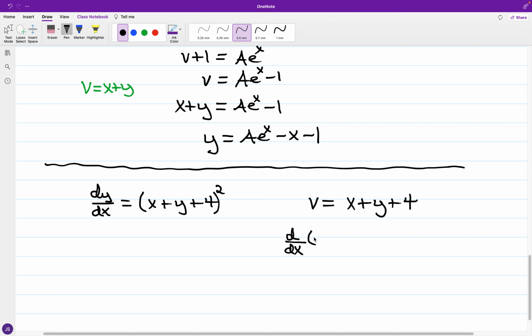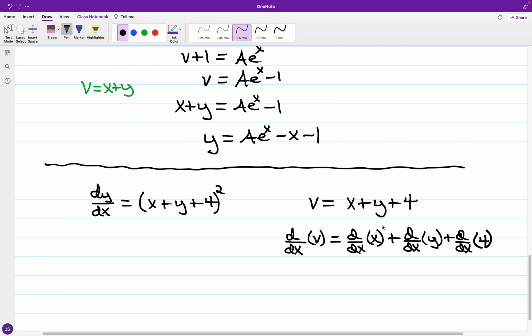So we have d over dx of v is equal to d over dx of x plus d over dx of y plus d over dx of 4.